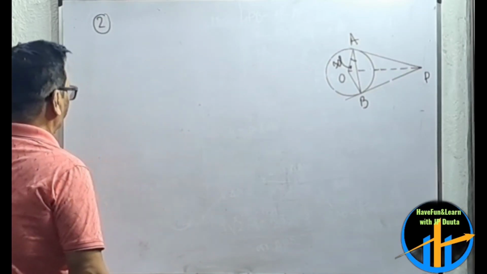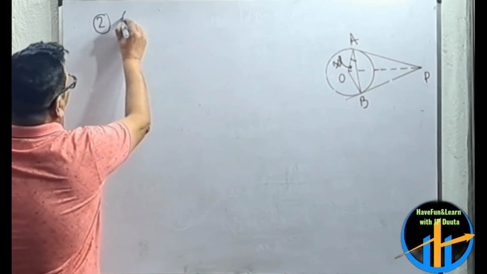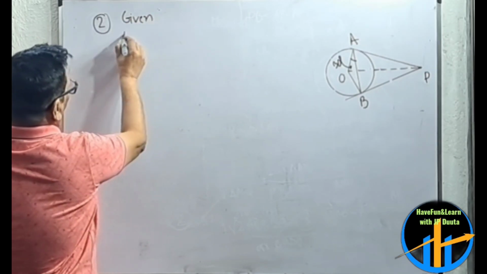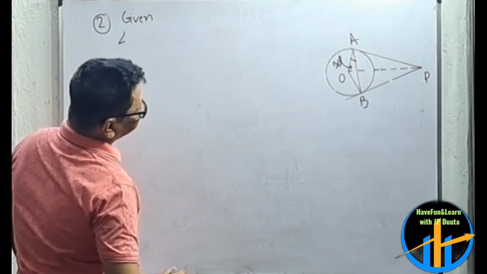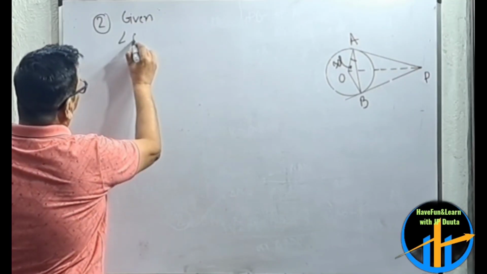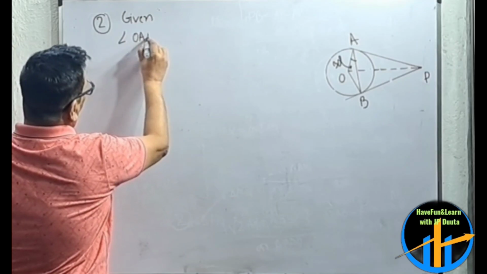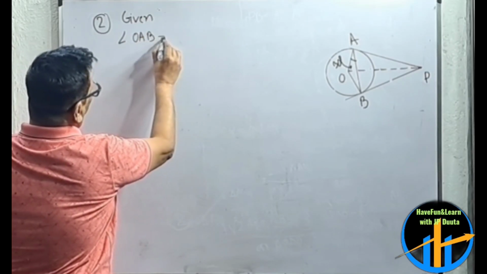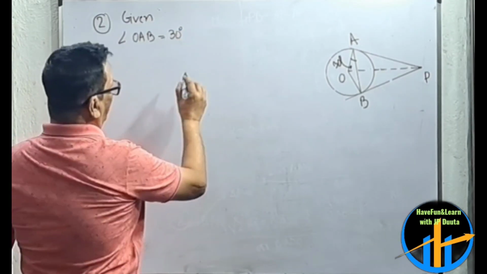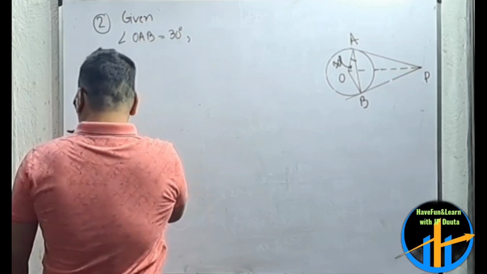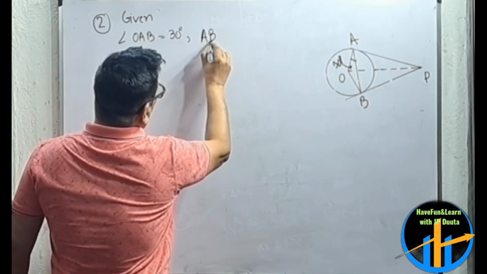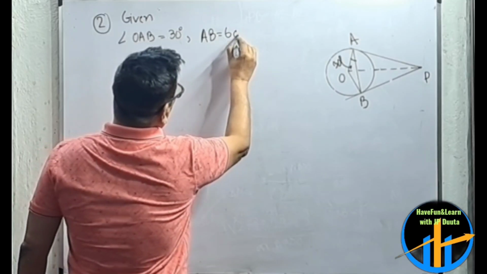So let us find out what is given. Given angle OAB is equal to 30 degrees. Chord AB is equal to 6 centimeters.